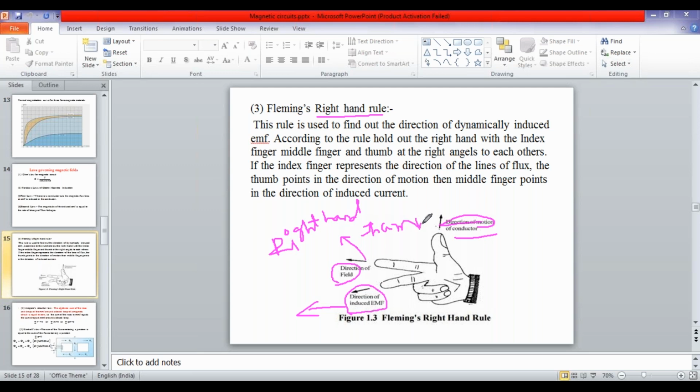I will show you the right hand thumb rule diagram. I got the diagram of the right hand thumb rule. I will show it to you now.